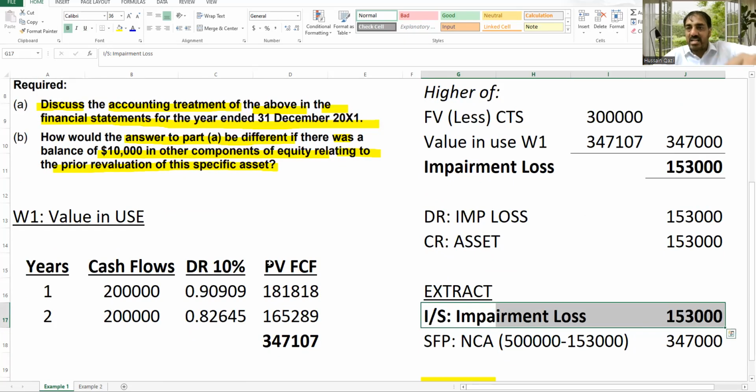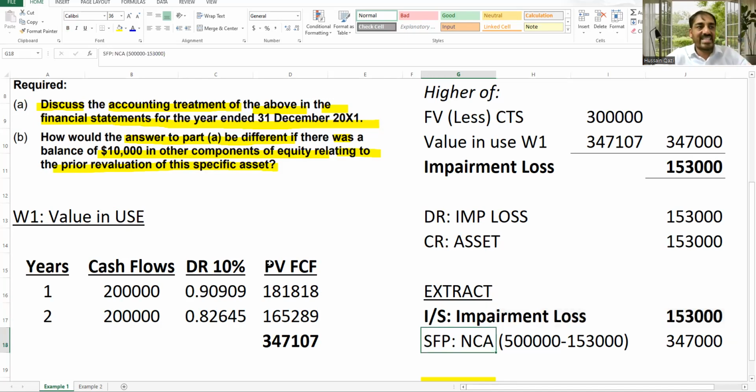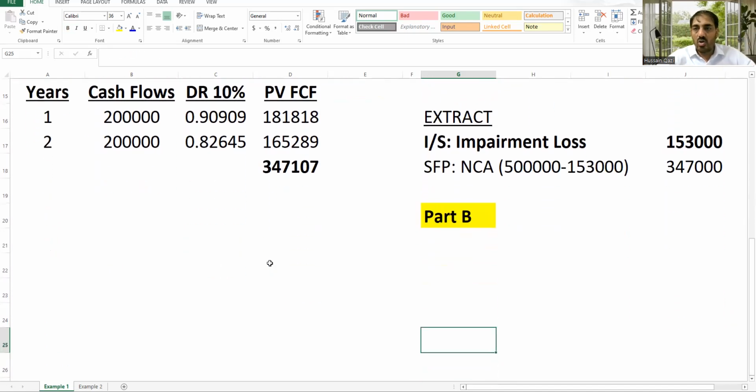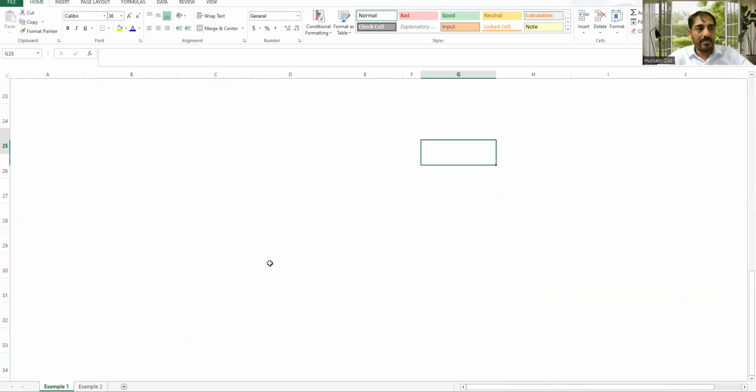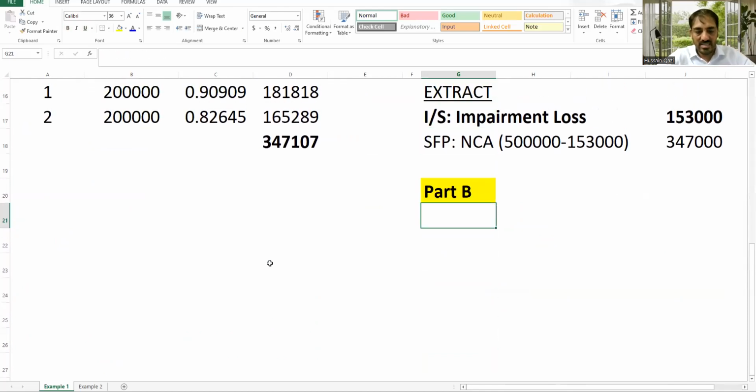But if this asset was previously revalued and some revaluation reserve exists, the impairment loss identification is the same. But with part B, the impairment loss reporting is comparatively different.